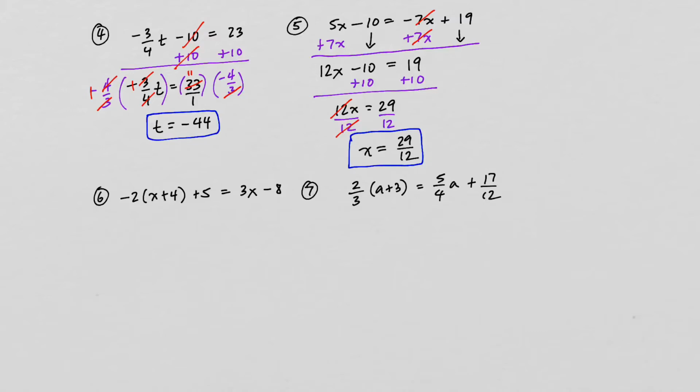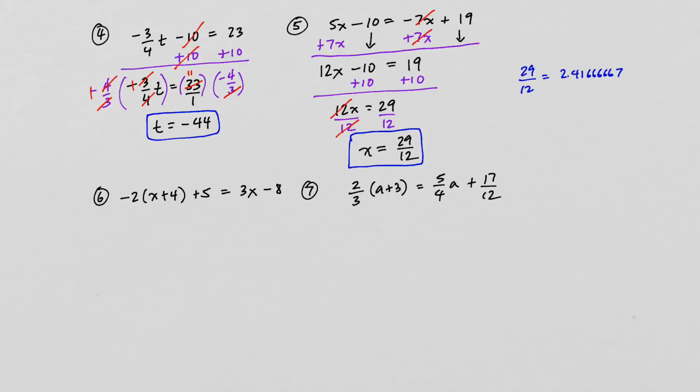It's not necessary to plug that into a calculator. If you do plug it into a calculator, you're going to get a decimal, and that decimal would need to be approximated. So just for clarity here, 29 divided by 12 on a calculator is 2.41666667. This is an approximation.